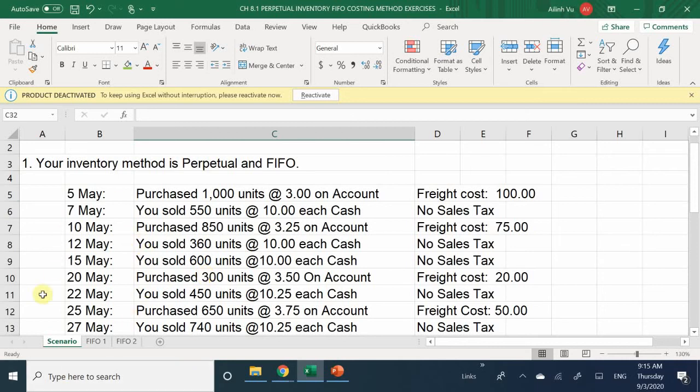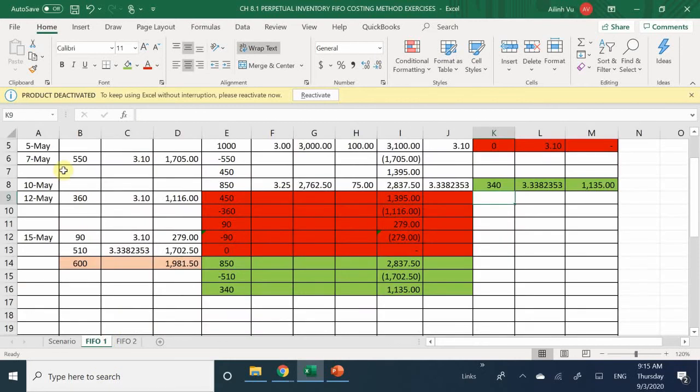So where do we leave off? We left off on the 15th of May. So therefore, what happened on the 20th of May? You purchased on account, with $20 freight. So 300 items. So where do we start? Do we start on the left or do we start in the middle? In the middle.